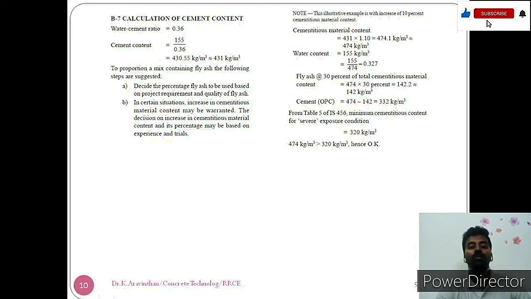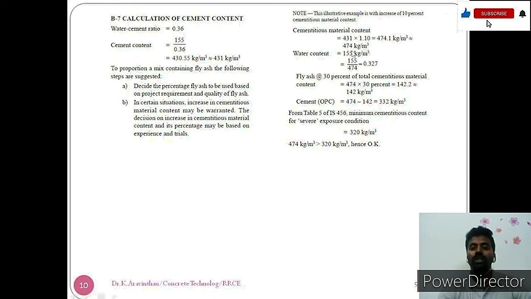So generally 431 kg of OPC is required, that we have arrived at. Since we are adding fly ash into it, we have to increase an additional 10% of cementitious material. So finally if we add 10% to 431, we get 474.1. This is the cementitious content available in the mix.